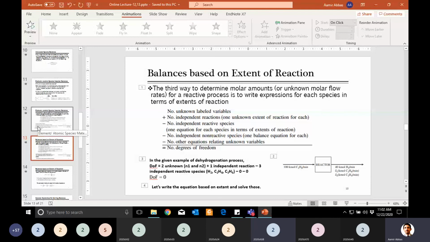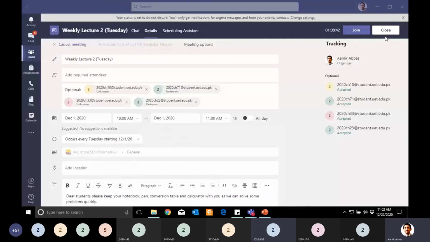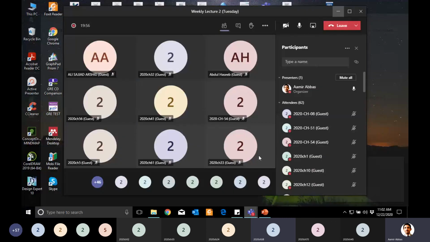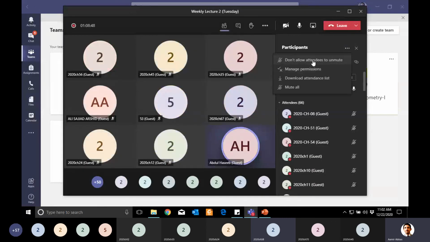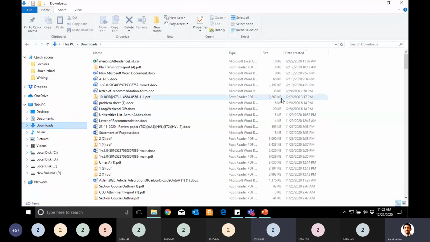And then we studied the main thing here, the degree of freedom for different systems: molecular species balance, atomic species balance, and the final one, extent of reaction system balance. So tomorrow we will look at why or which system you have to use, which method is good for you, or which one you should adopt.